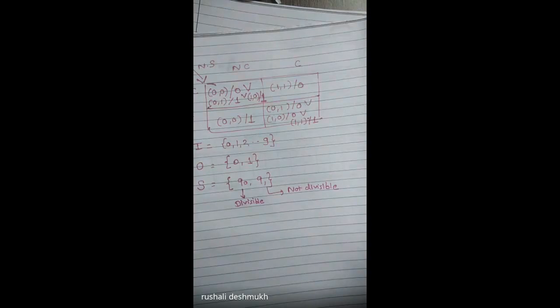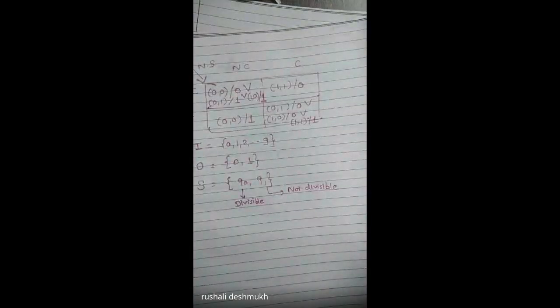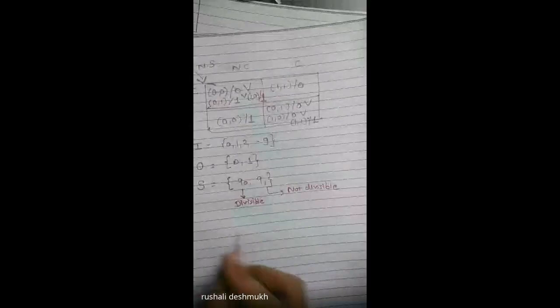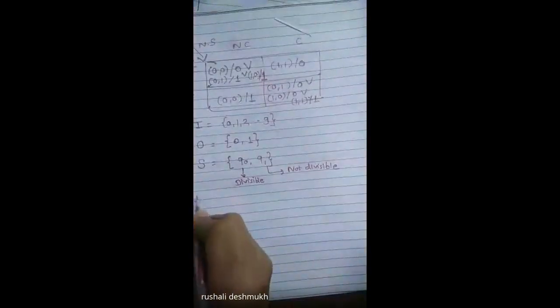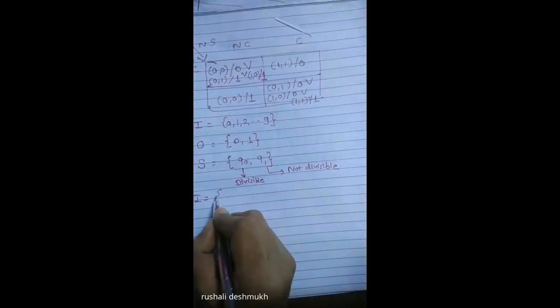Input is 0 to 9. So will you consider 10 columns? You just want the output as divisible or non-divisible. So further you can group input symbols.